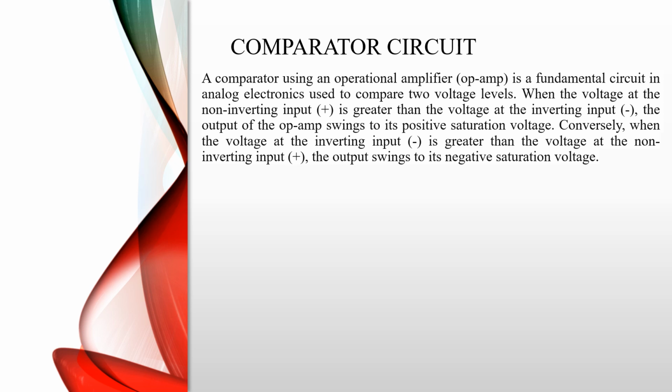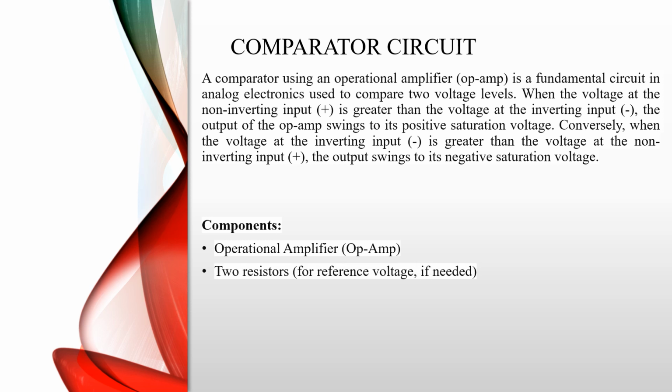So what are the basic components of a comparator circuit? First of all, operational amplifier, that is op-amp. We have to use two resistors. One is an input resistor and one resistor is used for reference voltage, if needed.